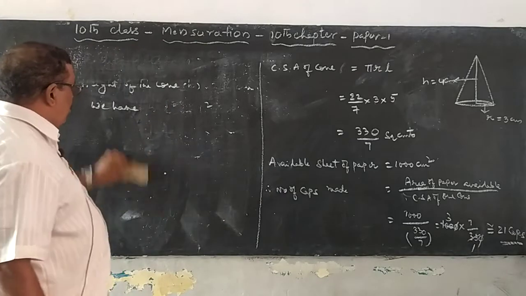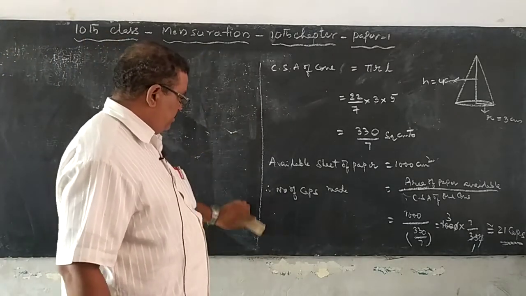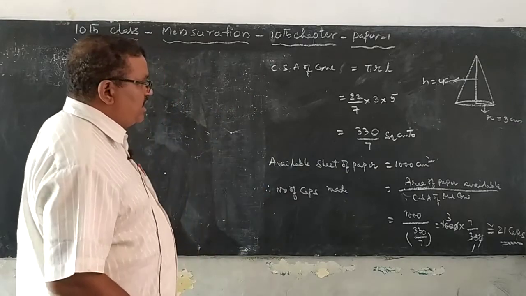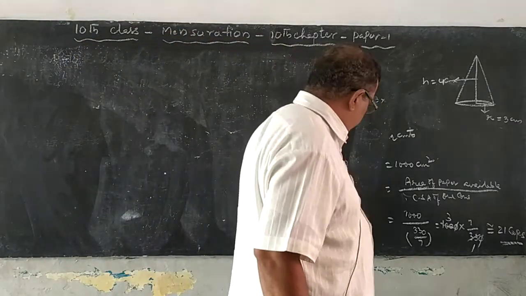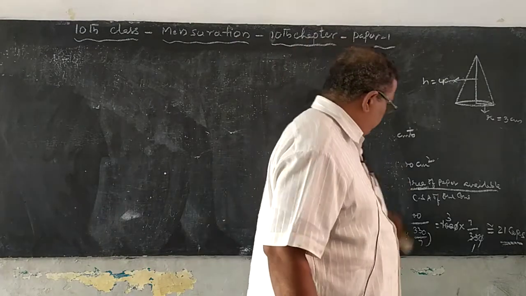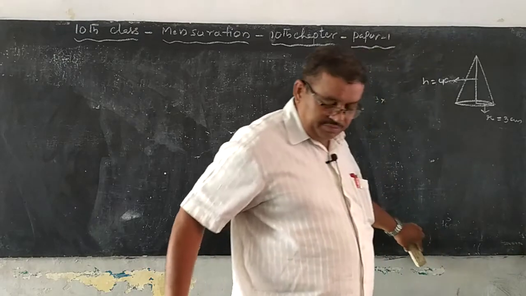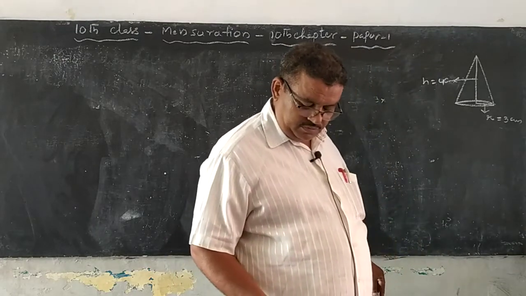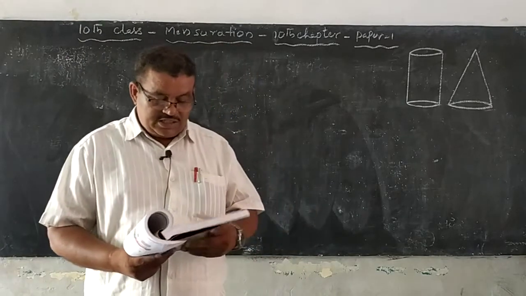A cylinder and cone have the same base radius and the same height. Show that their volumes are in the ratio 3:1. This is the problem. Let us see.